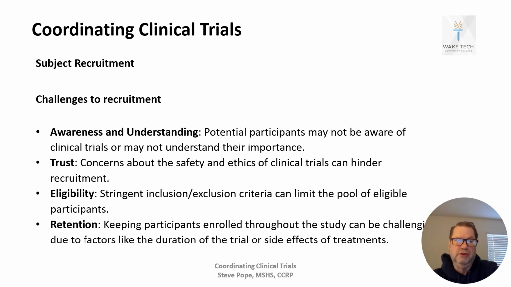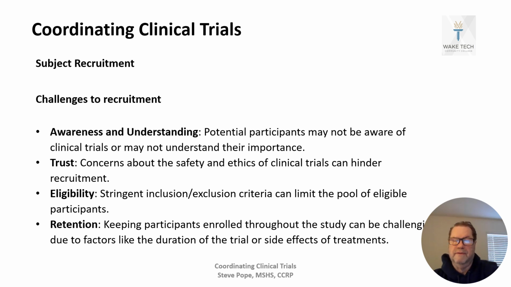Eligibility. Stringent inclusion-exclusion criteria can limit the pool of eligible participants. Remember back in our lesson on planning research, one of the things that we talked about was choosing trials where you feel confident that you're going to be able to enroll the number of subjects that the sponsor wants you to enroll.